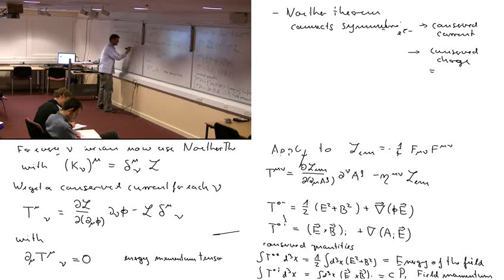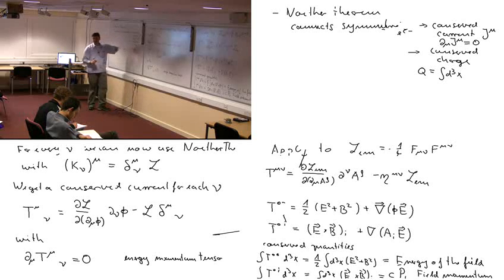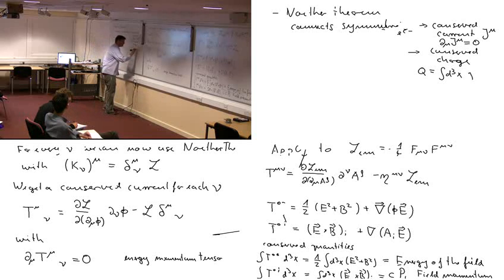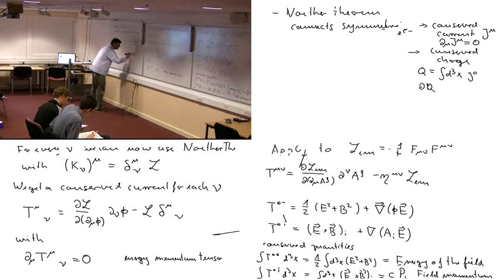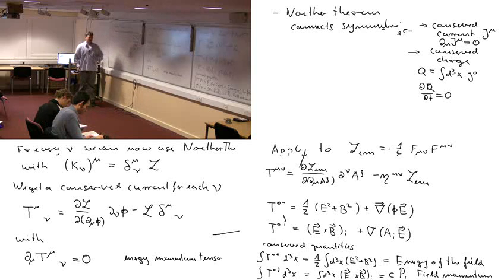So it connects to a conserved current j mu, d mu j mu equals 0, and it gives us a conserved charge, which is a space integral, and it's really space, it's not space-time, of the zero component of this current, such that this time derivative is equal to 0. And that's what it means to be a conserved charge.